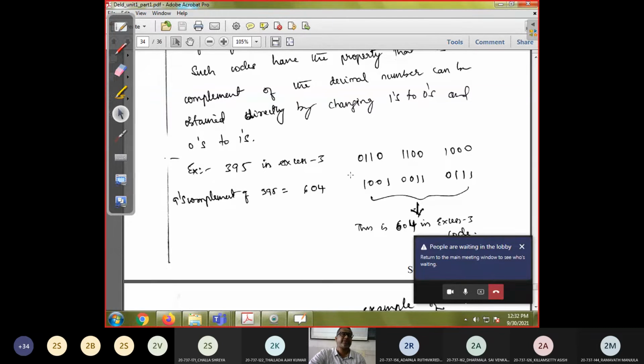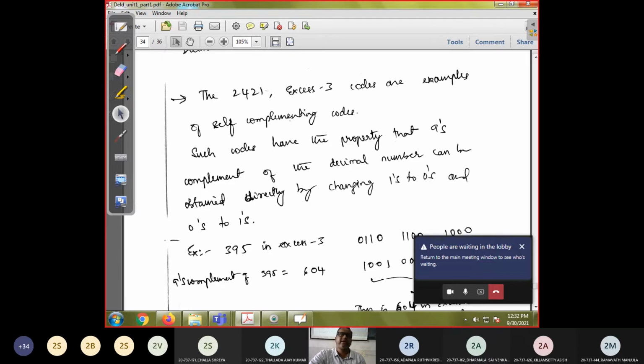This is the property of the XS3 system. That is why 2421 code and XS3 codes are examples of self-complementing codes. You can get the 9th complement of the decimal number by just replacing zeros with ones and ones with zeros. That is the special property exhibited by these two codes, and that's why they are referred to as self-complementing codes.